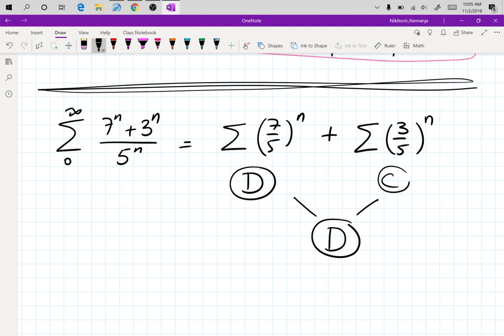This one maybe adds to 3, but 3 plus infinity is still infinity. Divergence simply means the terms you're adding add to infinity. There is nothing that the second series can do to make everything convergent because this one already blew up.